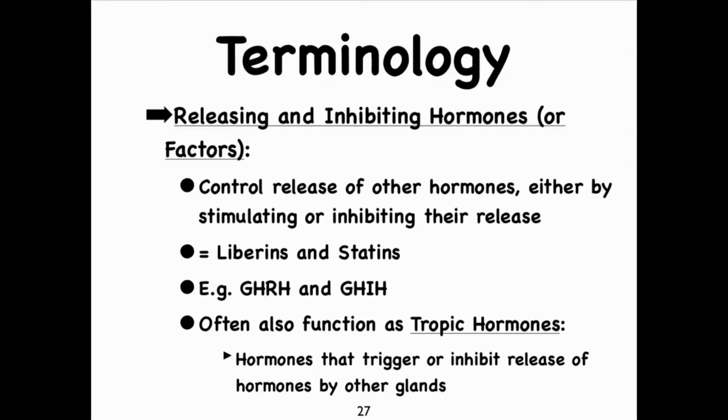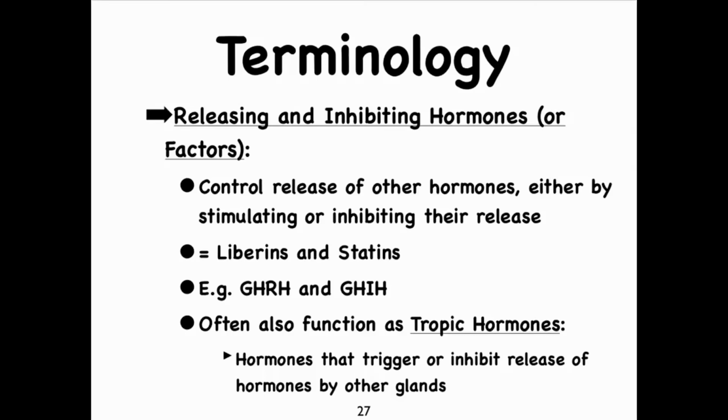For instance, the hypothalamus produces a hormone called growth hormone releasing hormone, and another one, growth hormone inhibitory hormone, or thyroid hormone releasing hormone. So these are hormones that are going to control the pituitary gland, as we'll learn.